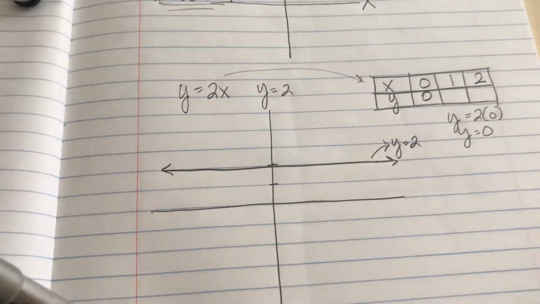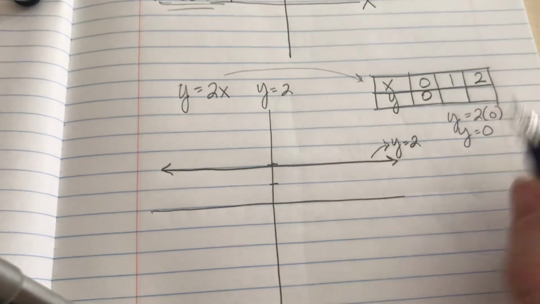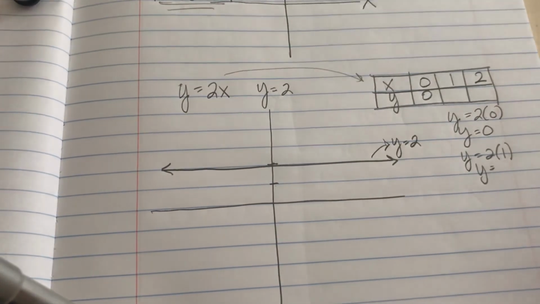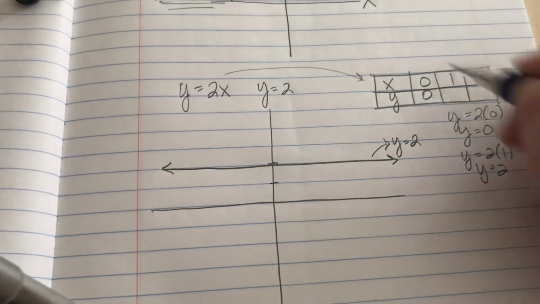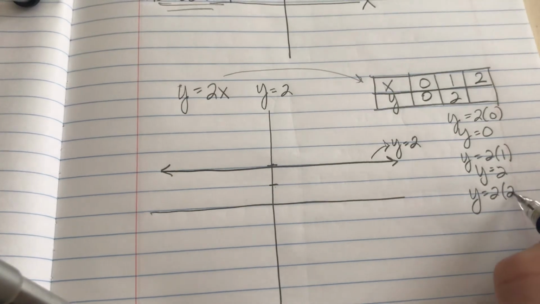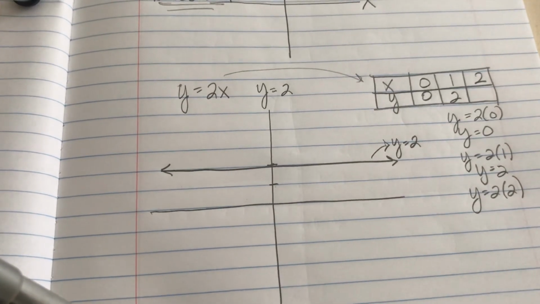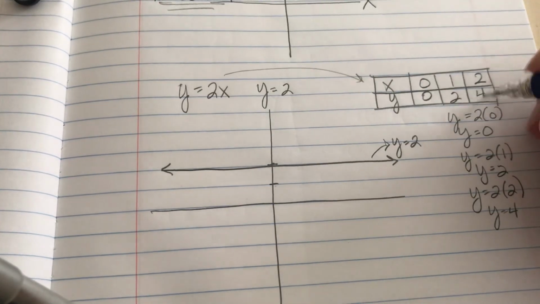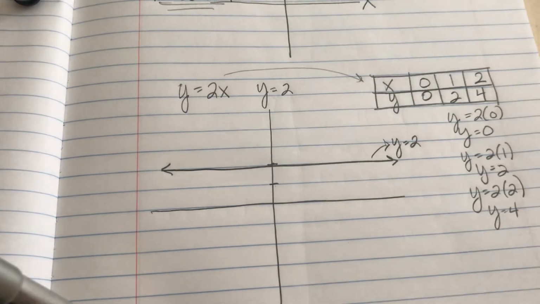So we're going to just put a 0 in there. When x equals 1, then y equals 2 times 1, which is 2. And the last one, when x equals 2, y equals 2 times 2, which means y is 4.